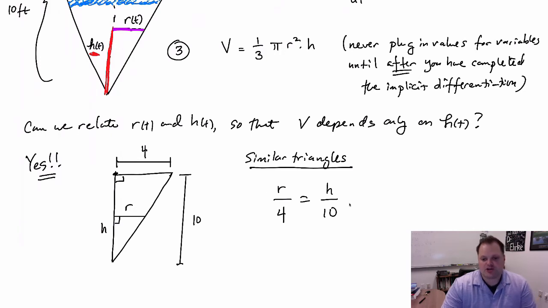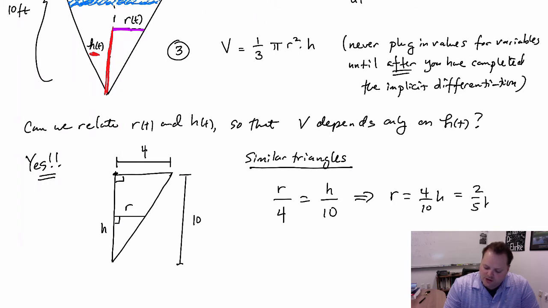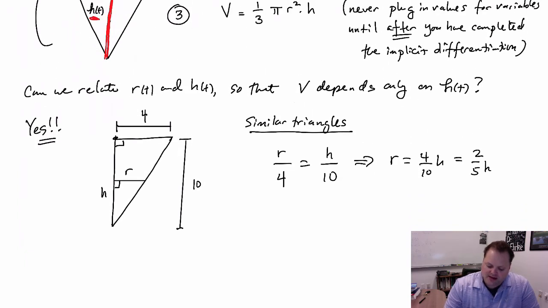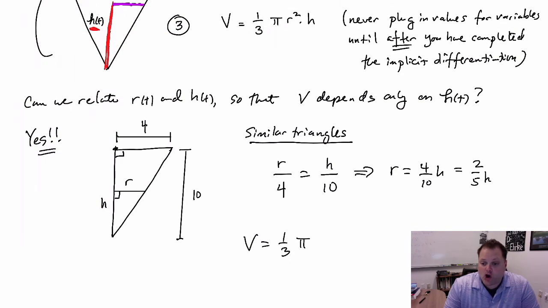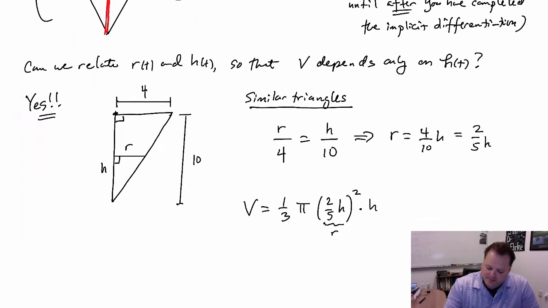So that relationship between R and H exists, which means I could easily solve for R. R would be 4/10 H, or 2/5 H. And the importance of that is I can take this volume formula and rewrite it as 1/3 pi R, but here I have a description for R. This would be 2/5 H squared, because this is just R, times the h, which is already there.